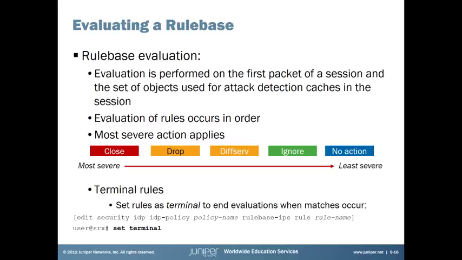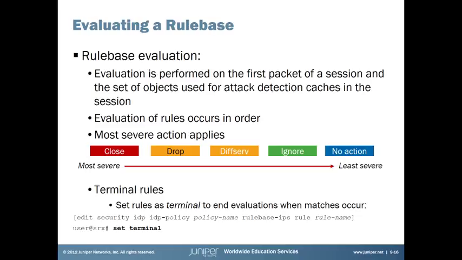However, with IDP, the traffic that's coming through may match a number of different things. There may be different levels of severity that the traffic matches. It may match something which is a low severity, which may be just a warning. It may match something that has a much higher severity, like a critical.